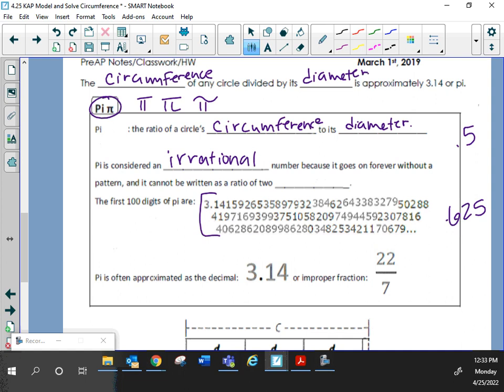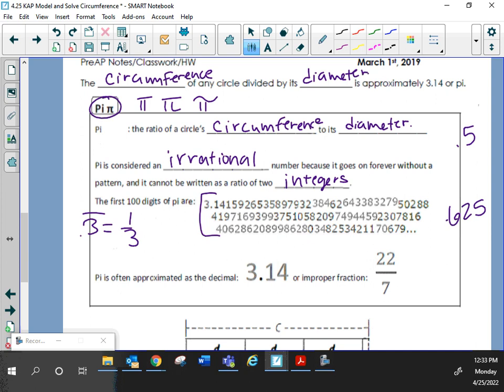It is irrational because it goes on forever and we cannot write it as a fraction or a ratio of two integers. With repeating decimals like 0.3 repeating, we know that's equivalent to 1/3. Again, 1/3 is a ratio of two integers. That works. There is no fraction form of pi.